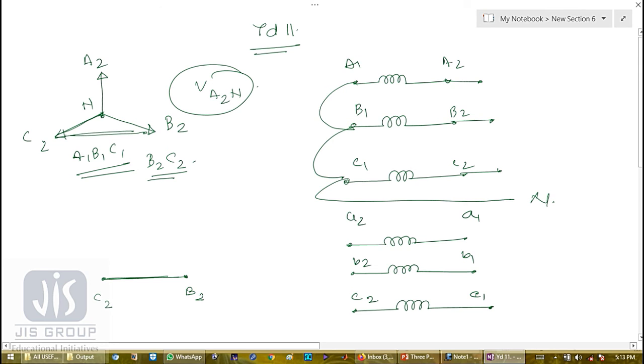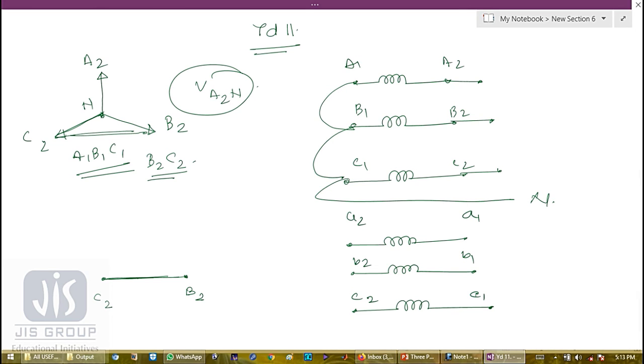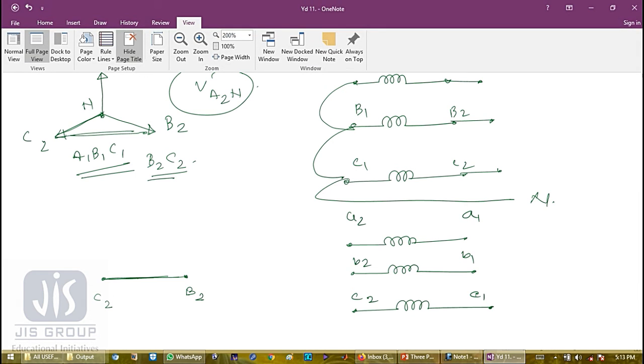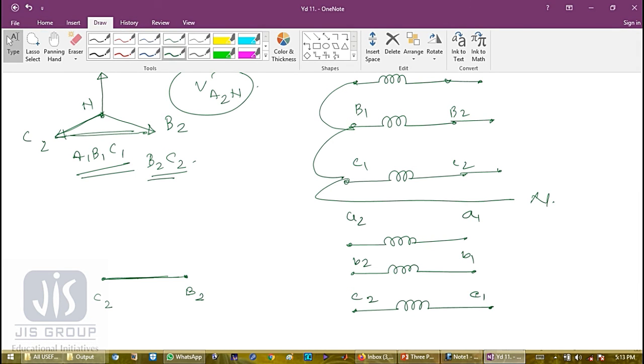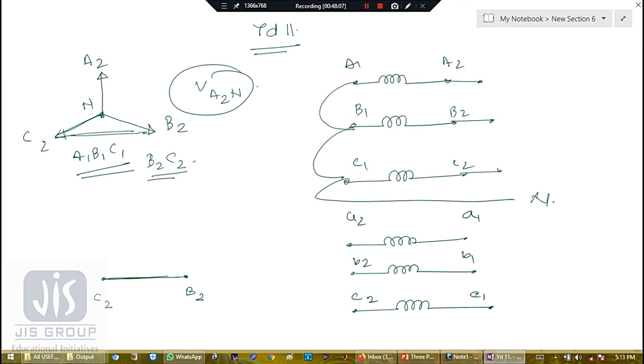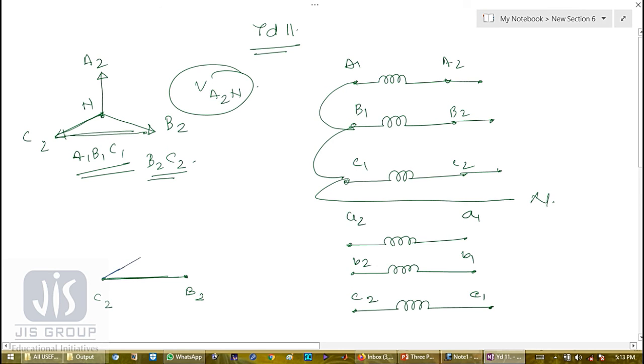Anti-clockwise rotation is positive, so somewhere in the 30-degree position in the anti-clockwise way, here it will be the secondary B to C2 line to line voltage. So somewhere here. Okay, so now we can easily get the terminals.